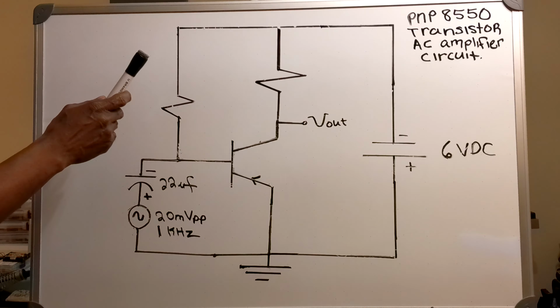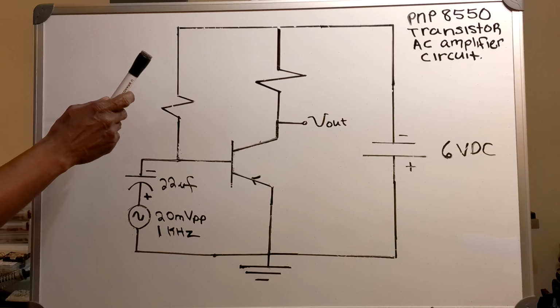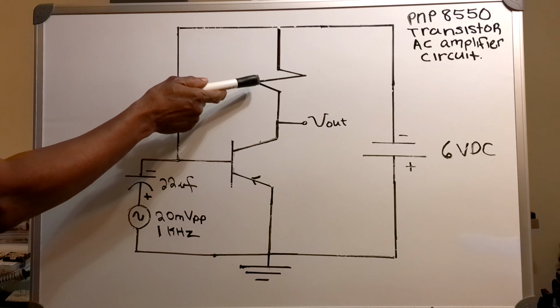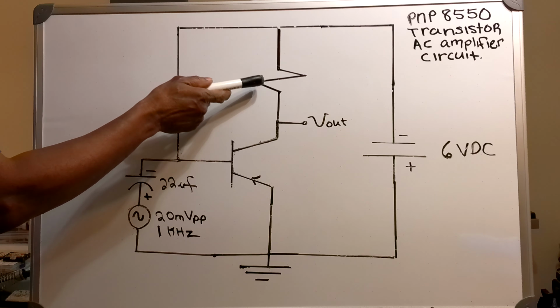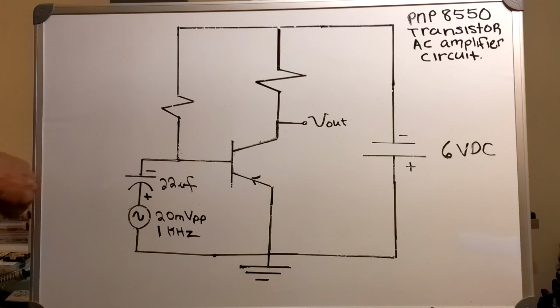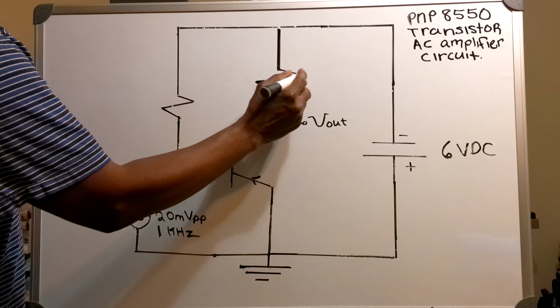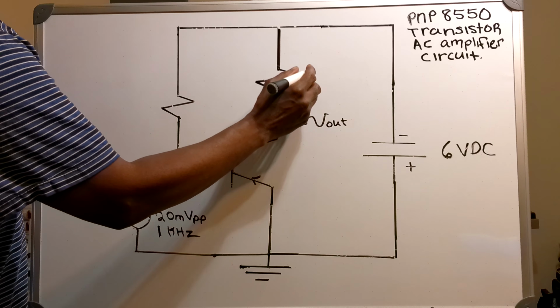Now what I'm going to do first is I'm going to find the value of my resistor on the collector side. Now I want 3 volts across my resistor.